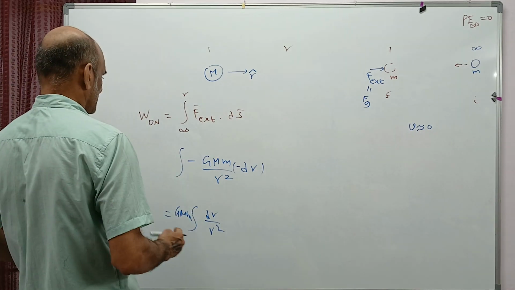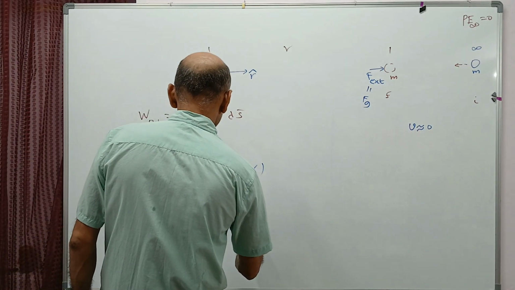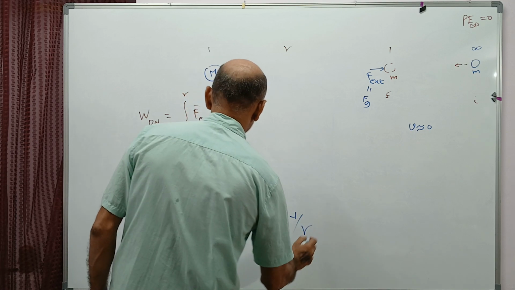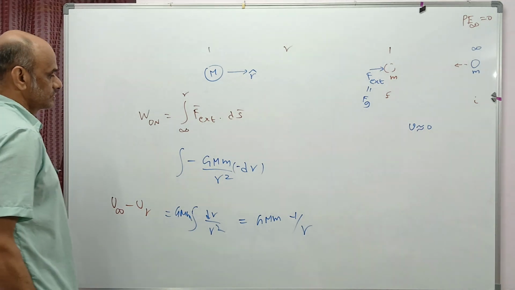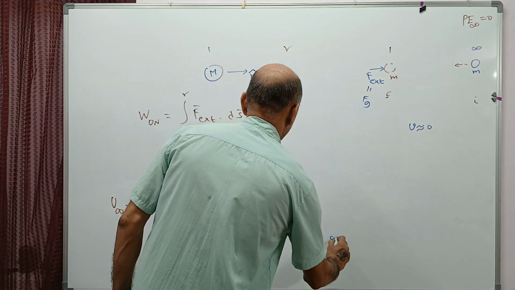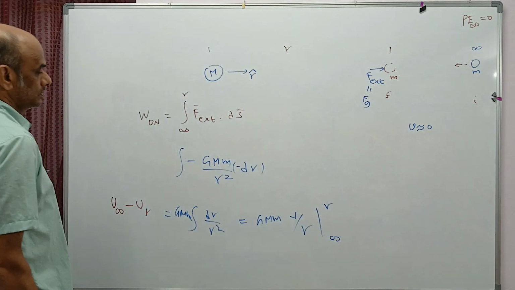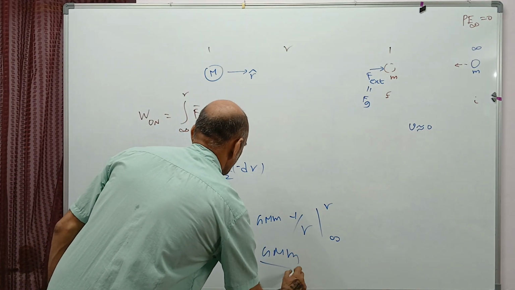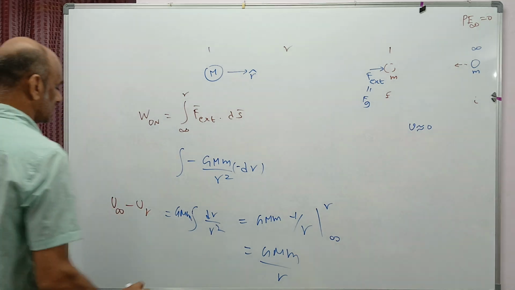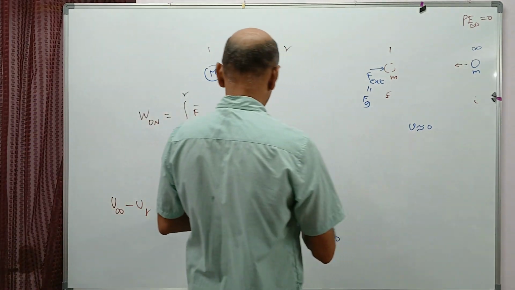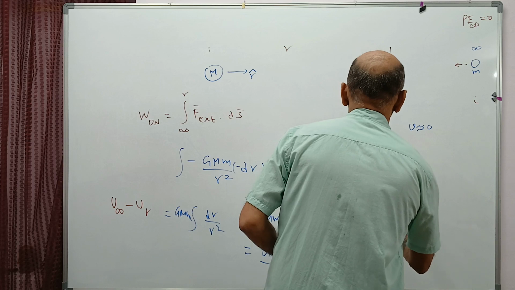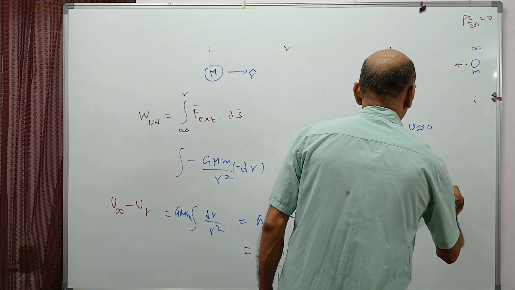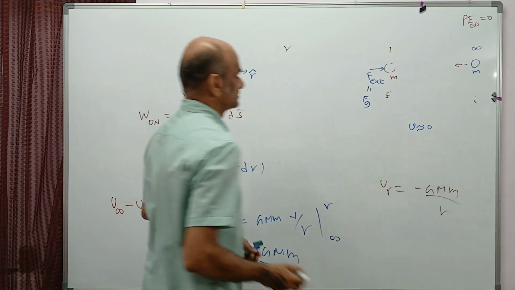So this one is dr by r square, integral of 1 by r square is minus 1 by r between the limits infinity to r. So this will become GMm by r, and this is minus U(r). So from this I'll get the expression for the potential energy of the system when the distance is r, which is minus GMm by r.